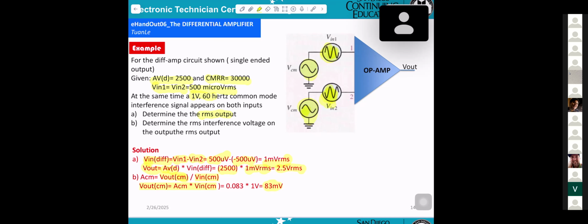That's telling you they get 83 millivolt. So that's only telling you the signal coming out will be 2.5 volt RMS. And also the noise is still coming out, however, only 83 millivolt.